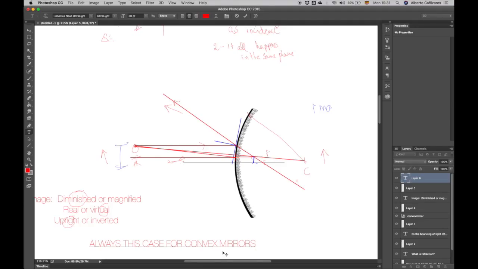Now, this is not the case for concave mirrors. For concave mirrors, depending on where you're standing, you will be upright or you will be inverted. If you've ever taken a spoon and looked at the inside of it, you'll see that the closer it is to your eye, the image is normal, just like a mirror. As soon as you move the spoon out, there'll be a point, which is the focal point, where you don't really see yourself.